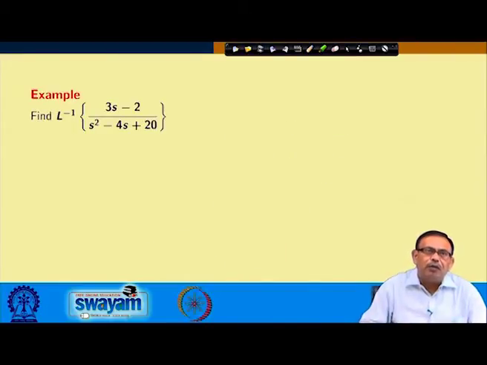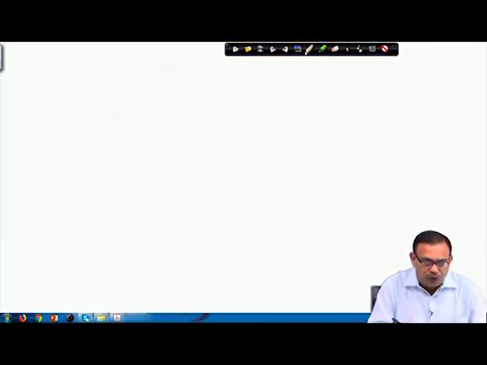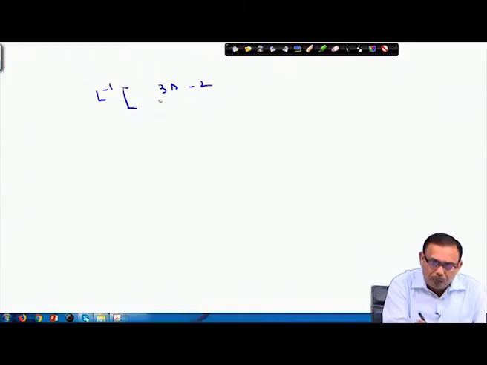Now, let us see one example. We want to find out the Laplace inverse of this function, 3s minus 2 by s square minus 4s plus 20.